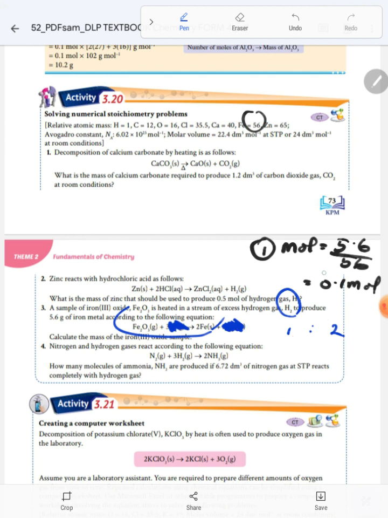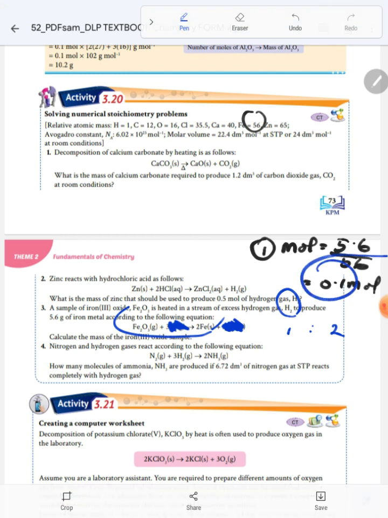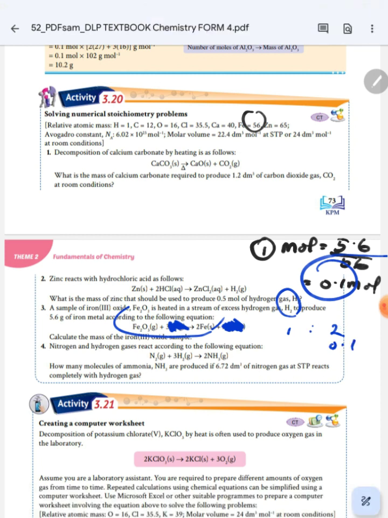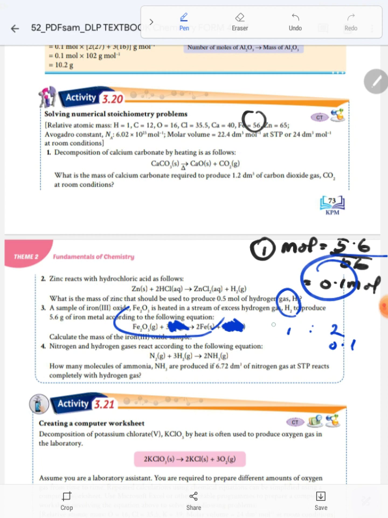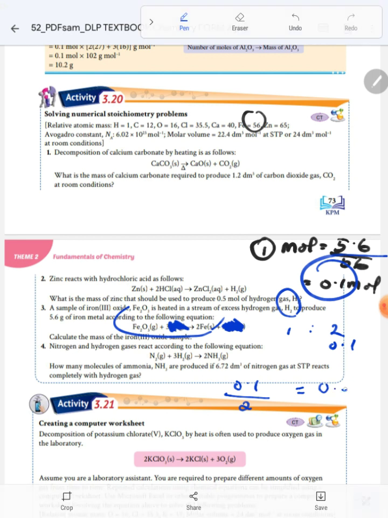How about if only 0.1 mole of iron is produced? So 1 to 2, if 0.1 here, what is the mole of iron 3 oxide used? 0.1 divide by 2 is 0.05 mole, if I'm not mistaken.